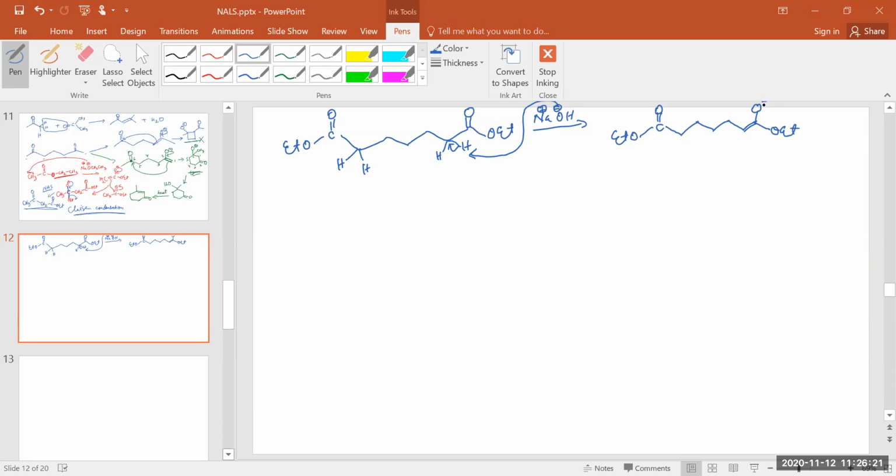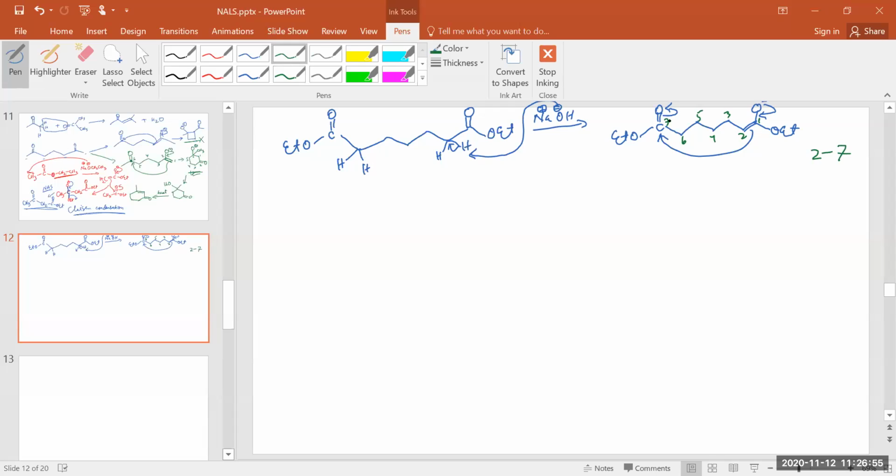So enolate, here O minus OEt. Okay, this will come back and this will react, this will go here. So here again you need to be careful to make the ring size. See, suppose if you do the numbering, this carbon 1, 2, 3, 4, 5, 6, 7. So the new carbon-carbon bond formation is taking place between 2 and 7.